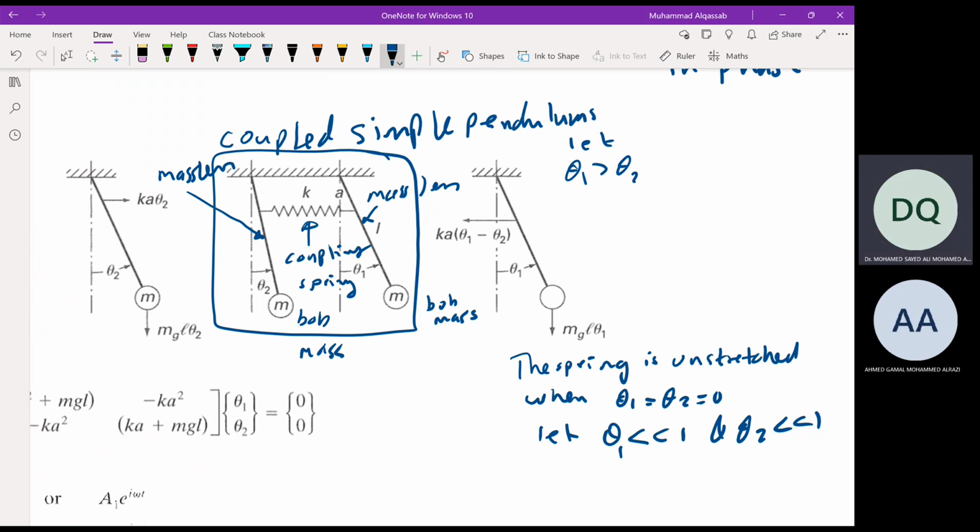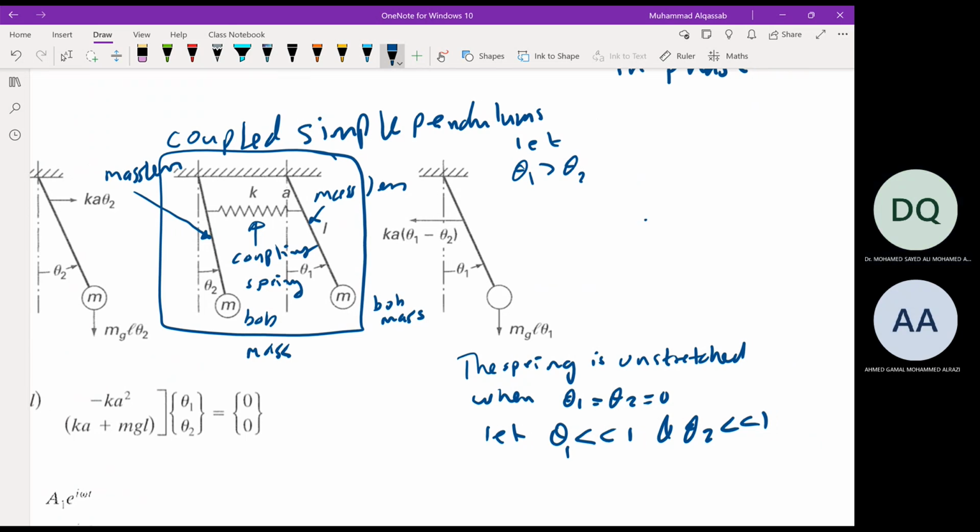Then the spring force will be Ka(theta 1 minus theta 2). So the spring, when it is unstretched, and then when it is moving, this will give us a distance, and this will give us another distance.